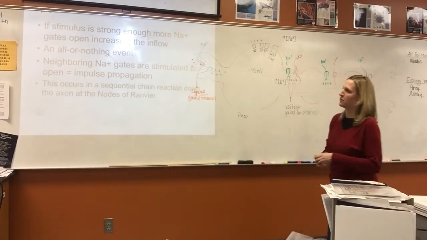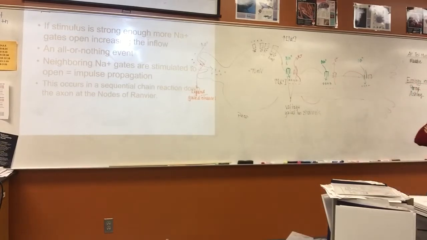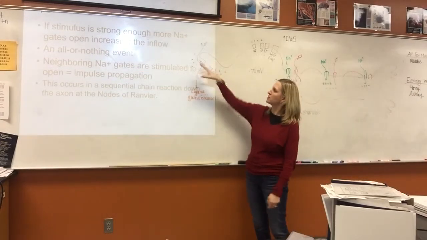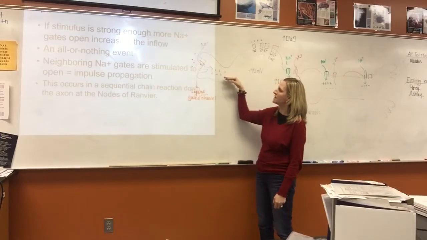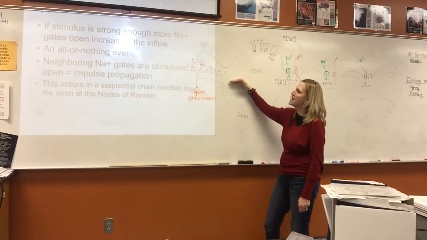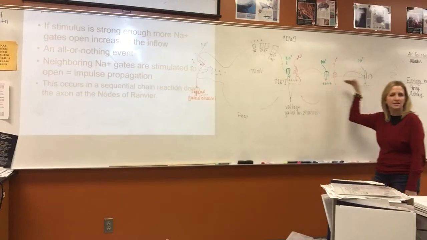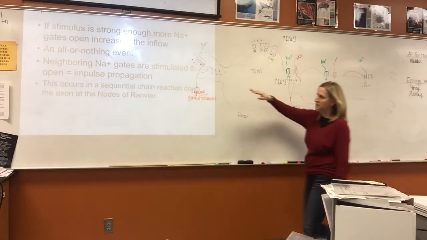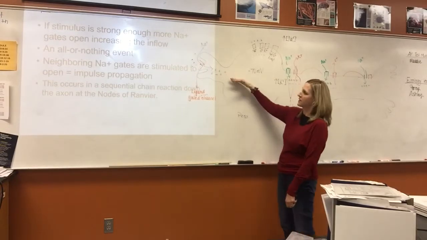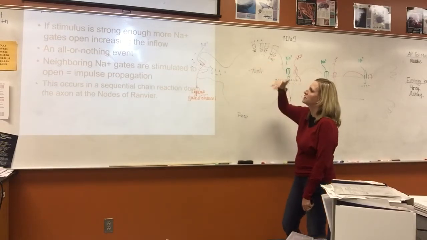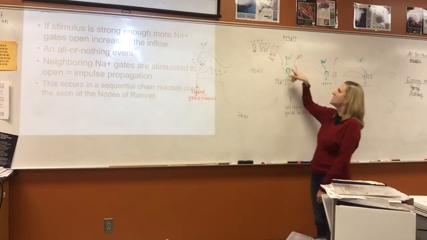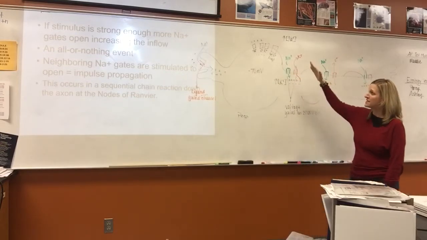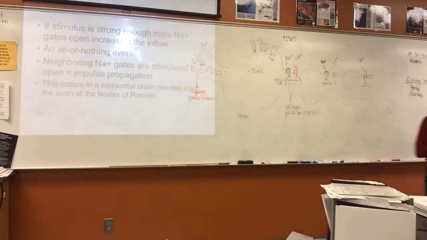So if you got a little bit of sodium, a few neurotransmitters that bind and the cell becomes a little depolarized, that doesn't mean that you have just a small little action potential. If it just becomes a little bit depolarized, nothing will happen. It has to reach the threshold level. It's become positive enough to open those first sodium gates, and once that happens, it continues on.